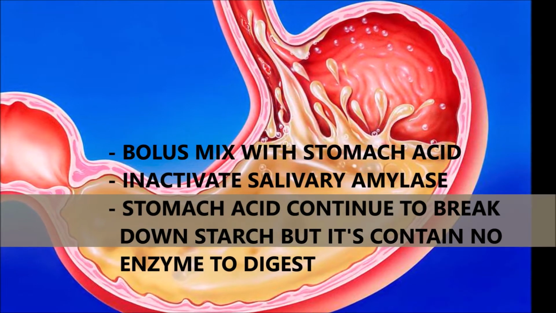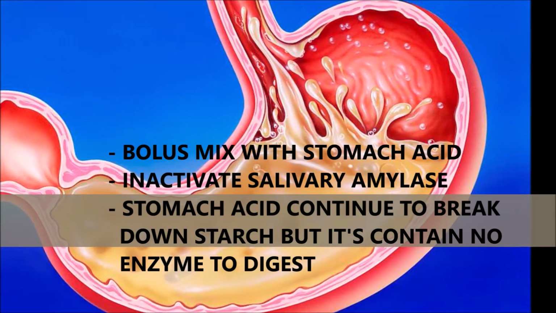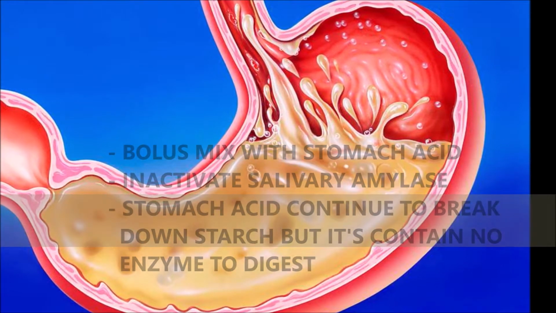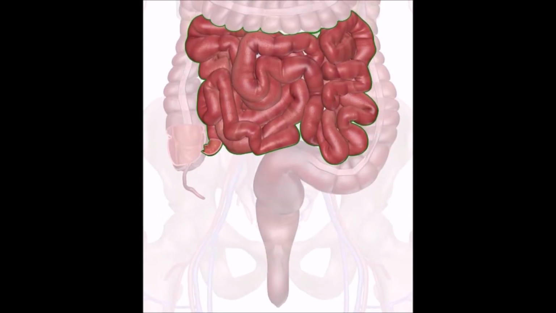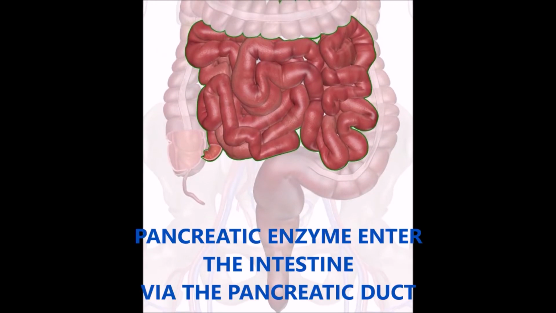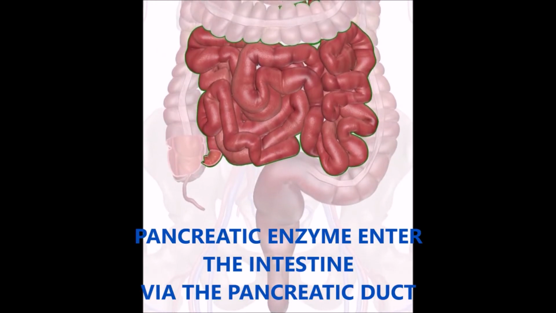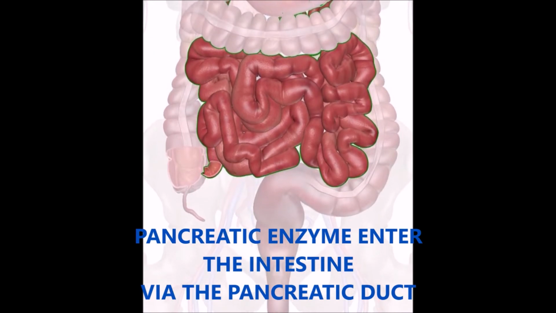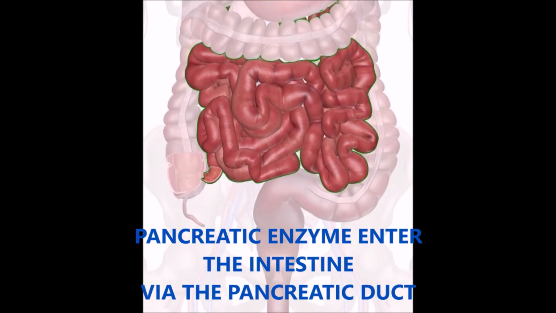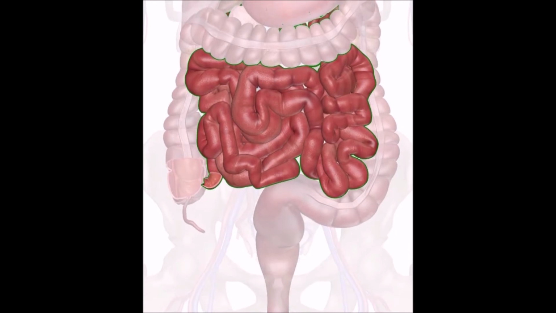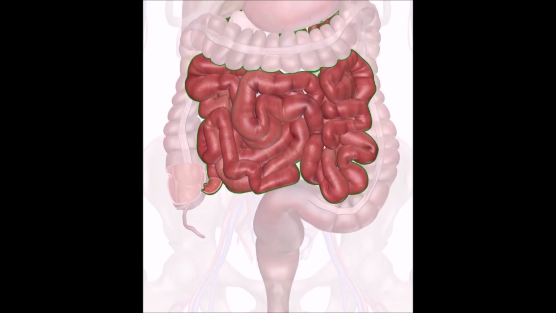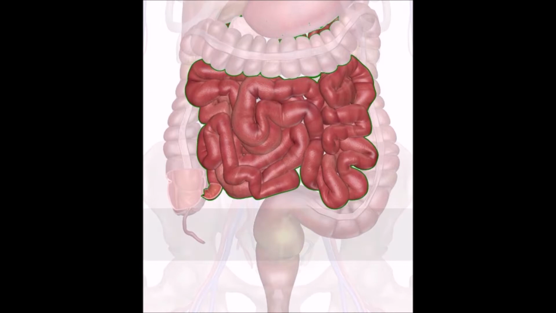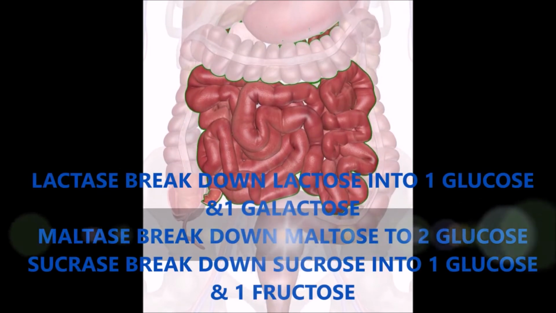Stomach acid continues to break down starch, but stomach juice contains no enzyme to digest carbohydrate. As the bolus travels into the small intestine, pancreatic enzymes enter the intestine via the pancreatic duct and continue to break down the polysaccharides into shorter glucose chains and maltose. This step of digestion takes place on the outer membrane of the intestinal cell, where specific enzymes break down specific disaccharides.